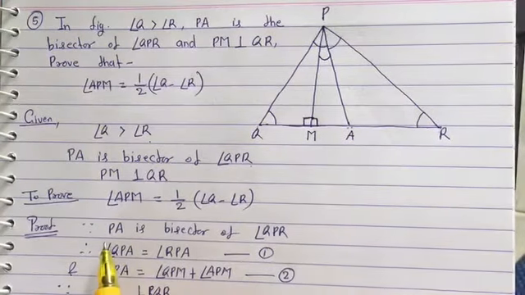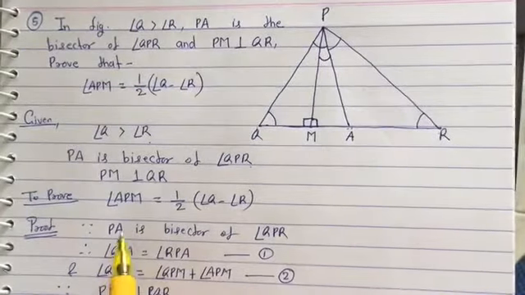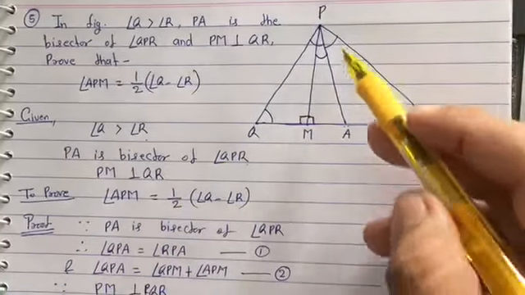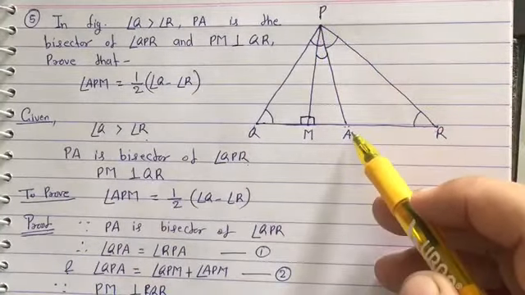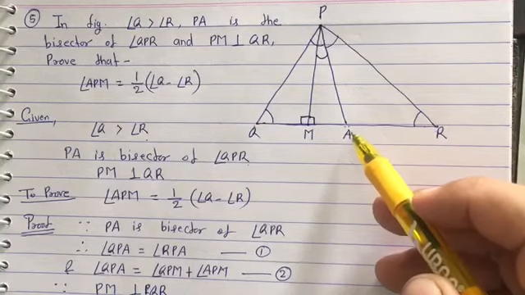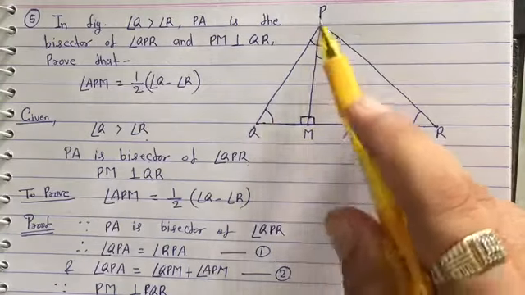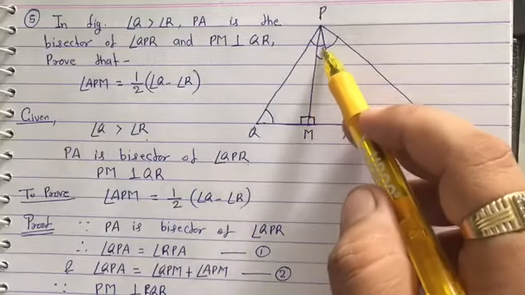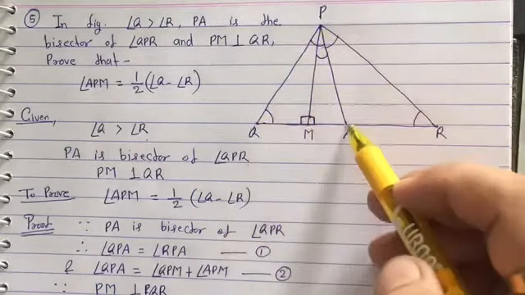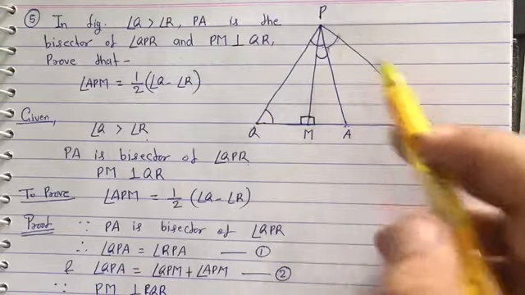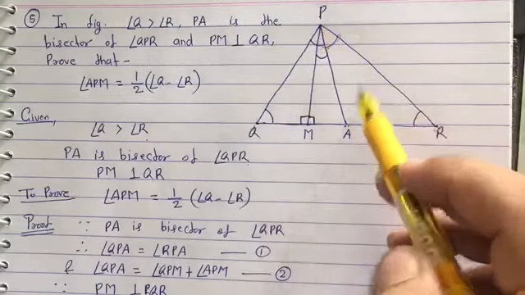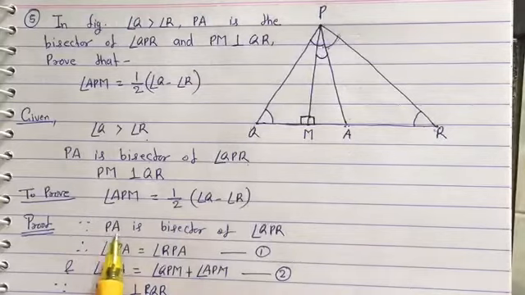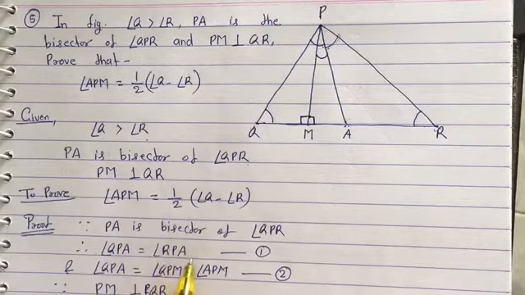So first of all we are going to write here that since this line PA is a bisector of angle QPR, this angle, meaning angle QPA, is equal to this angle, meaning angle RPA. Write down this thing. Since PA is a bisector of angle QPR, therefore angle QPA is equal to angle RPA.